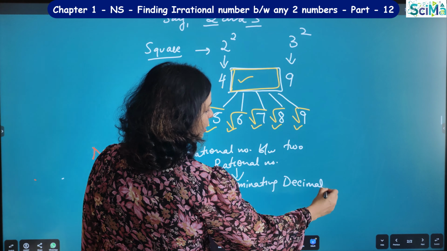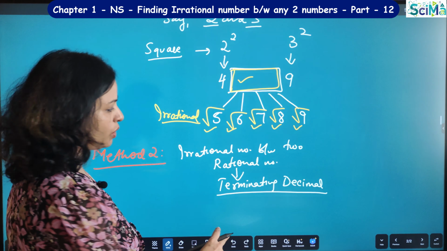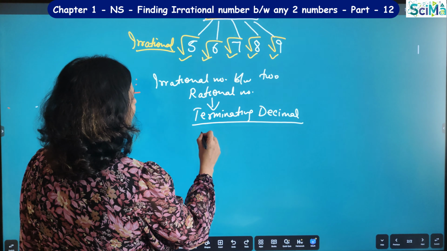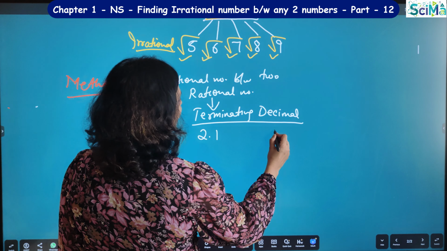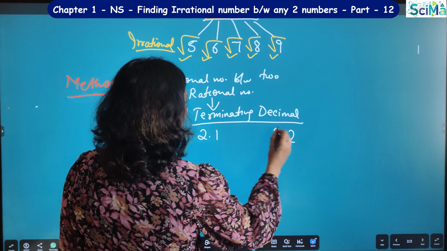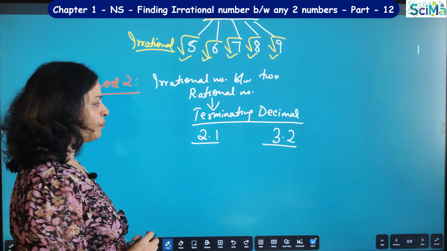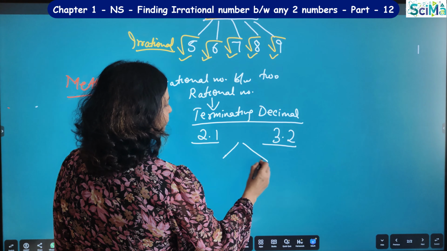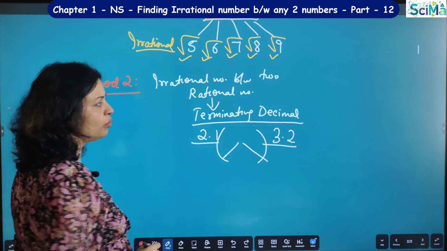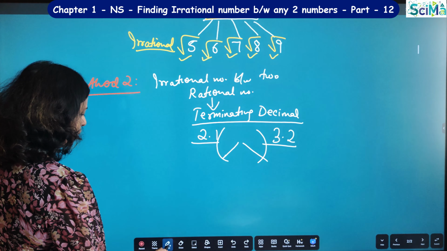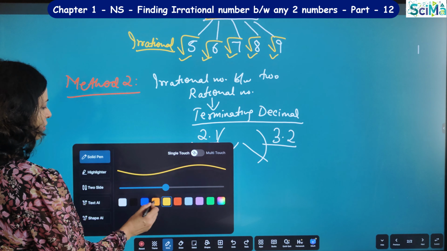Terminating decimals are rational numbers, as you will see in my previous videos. Suppose I say 2.1 or 3.2, these are terminating decimal numbers. Now in between these two, how do we find irrational numbers?